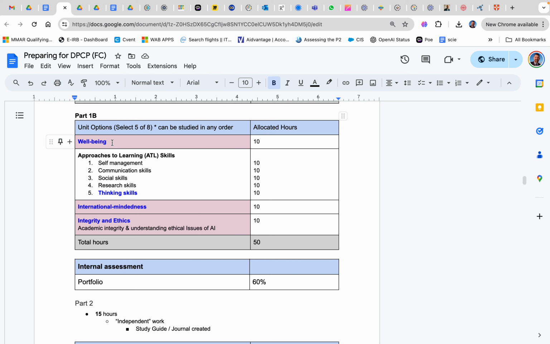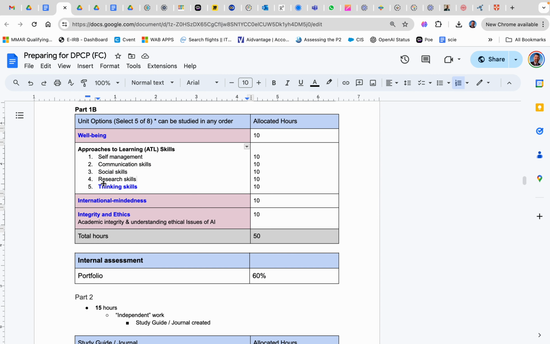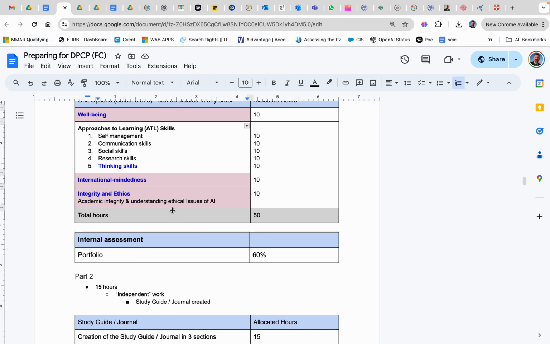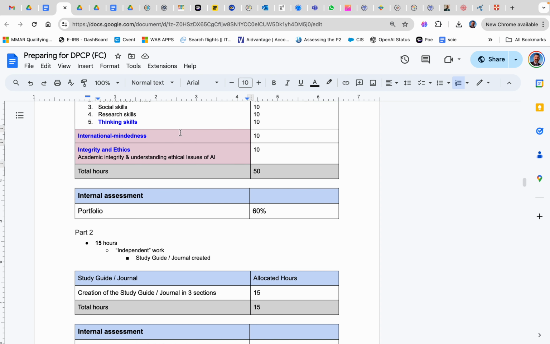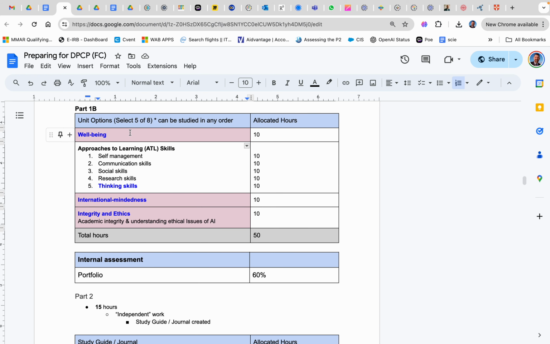The red here just indicates that those are single units, whereas the ATL is a collection of 5 different units, right? Students, schools, or mentors would collaboratively choose a subset of these to focus on. So thinking kind of like that for those first 5 units.